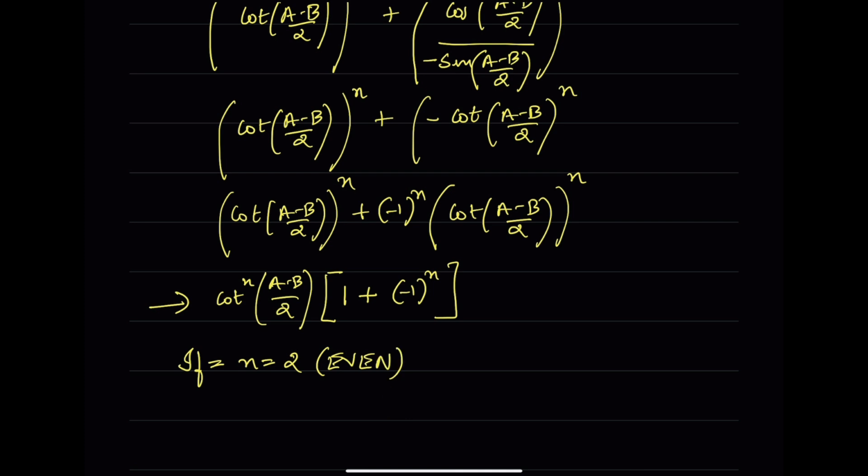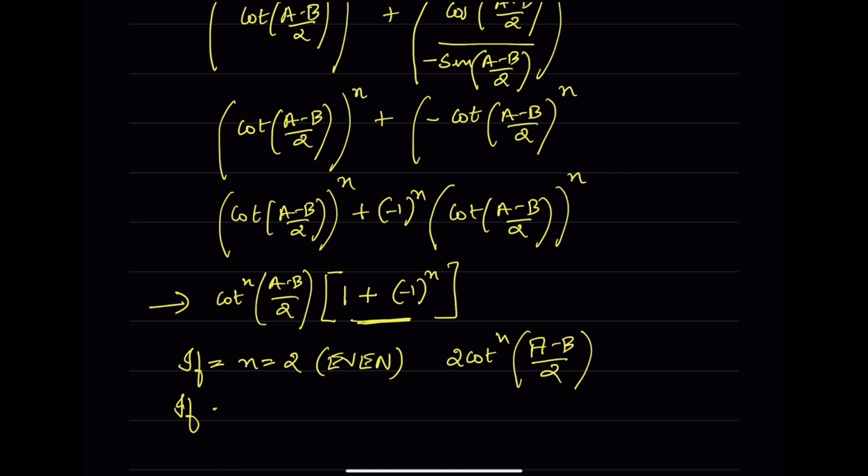We would get 1 plus 1, so we would get this as 2. So when n is equal to 2, the value would be 2 times cot of (a minus b) by 2 power n.